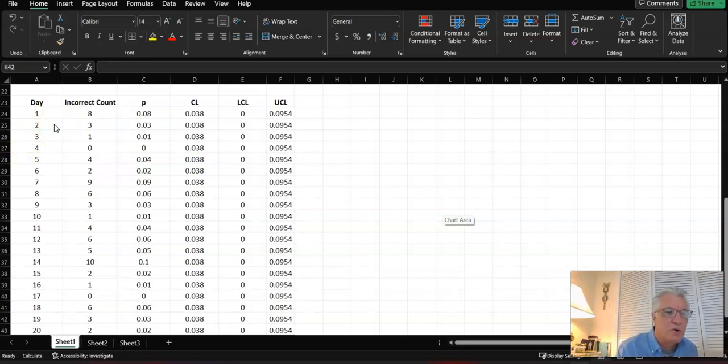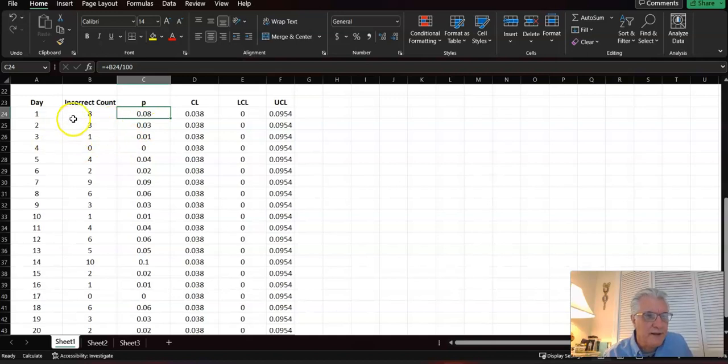It's really a proportion chart, but it almost translates to a probability, because on day 1 you had 8 incorrect samples out of 100, which means you had a 0.08 probability, an 8% probability of having an incorrect count. But that's also a proportion, because the sample size didn't necessarily need to be 100. It could have been 120 or some other number.